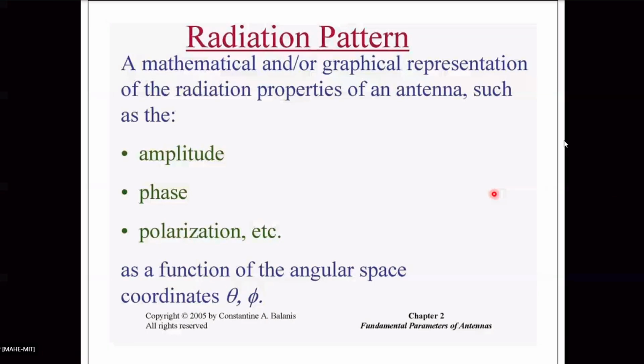In the other plane, we keep theta constant and vary phi from 0 to 2 pi, and plot amplitude versus phi. R is not a consideration because at far-off distances the shape of the pattern is independent of R. Is that very clear?